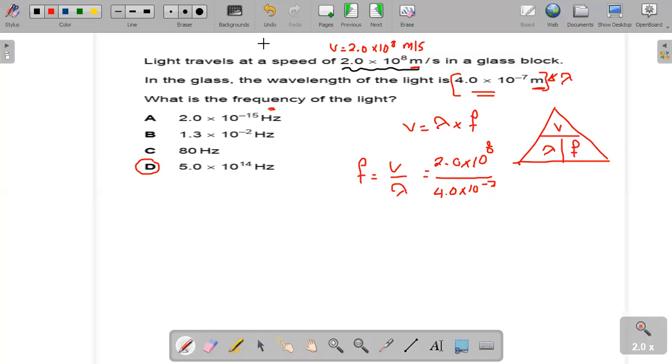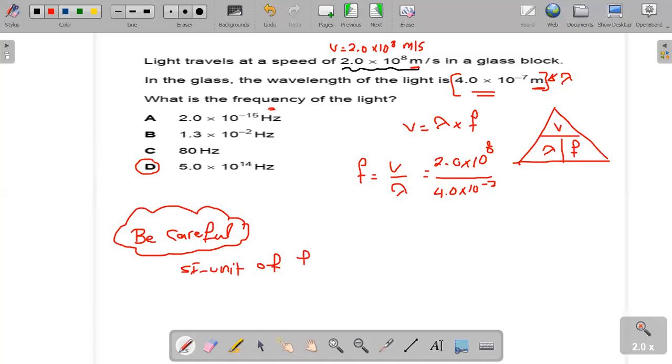Excellent. But here I want to give you a hint on this question. Be careful. The measuring unit, or the SI unit of frequency, is what? Remind me.